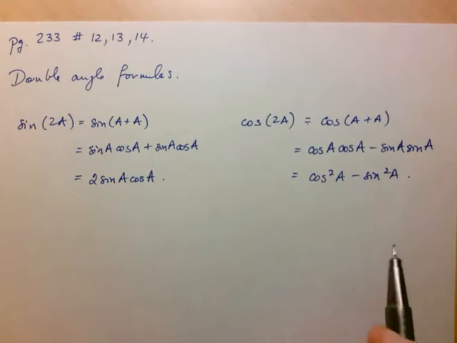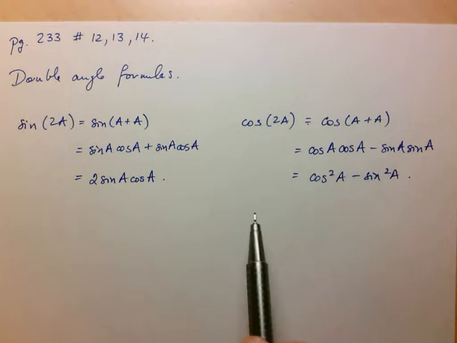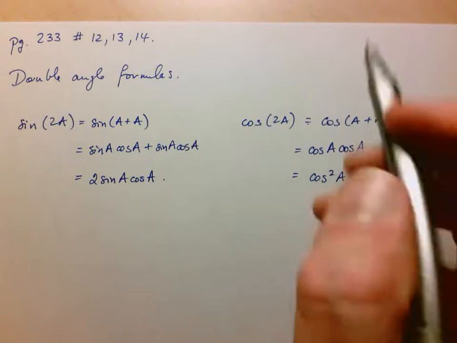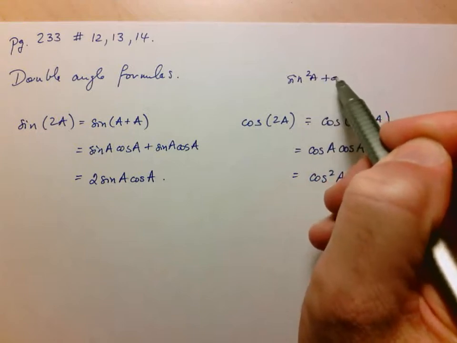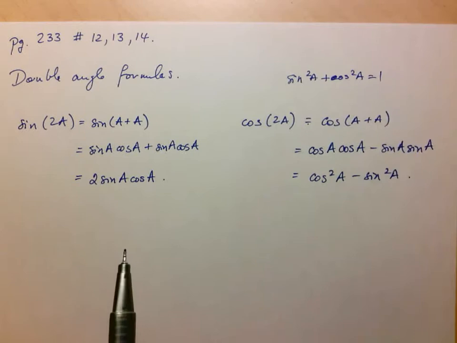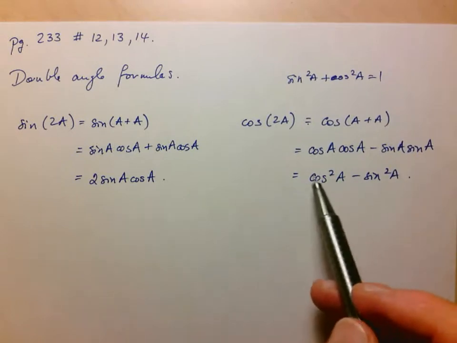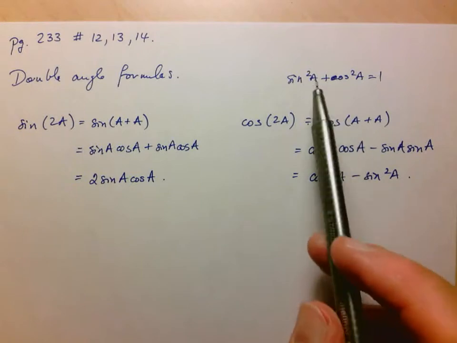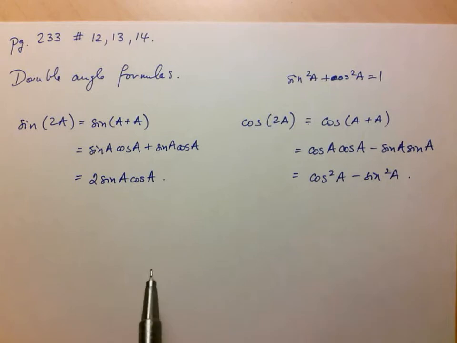But speaking of that identity, if you look here, I've got a cos squared, I've got a sine squared, and that Pythagorean identity, sine squared A plus cos squared A equaling 1, might come in handy here. Wherever I see a cos squared, I could replace it by 1 minus sine squared, and so my expression only has sines in it.